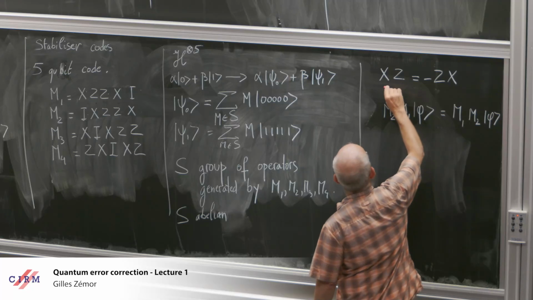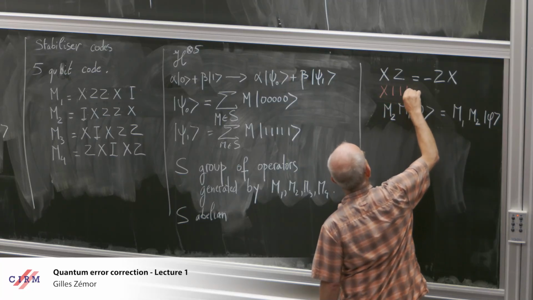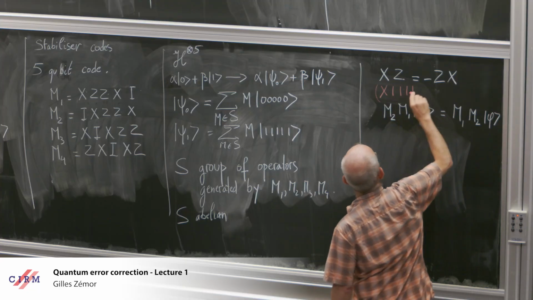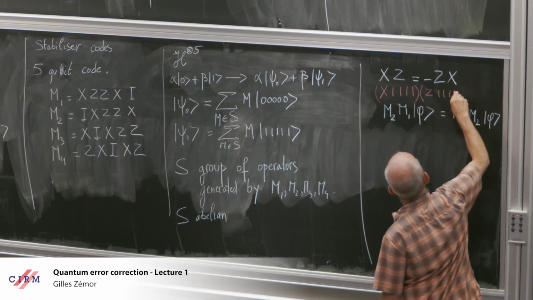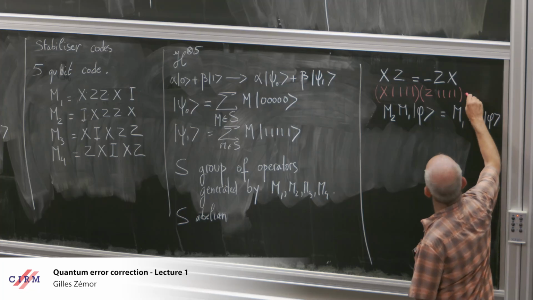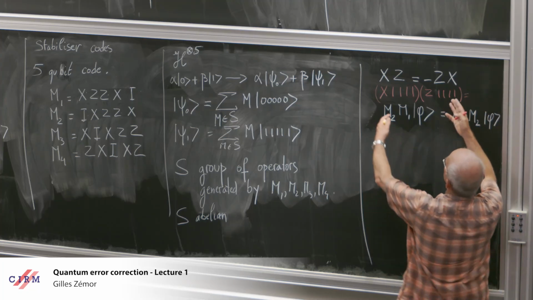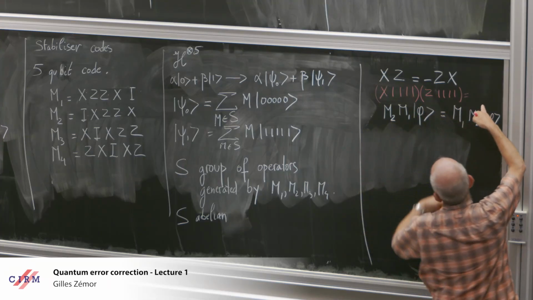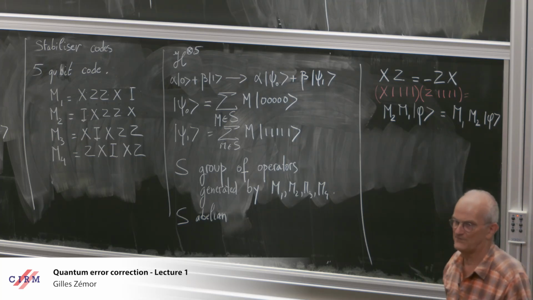So if you prefer X identity 4 times multiplied by Z identity 4 times, here you will have tensor products. You will have commutation. This will be X1111 multiplied by Z111 on the left, okay?